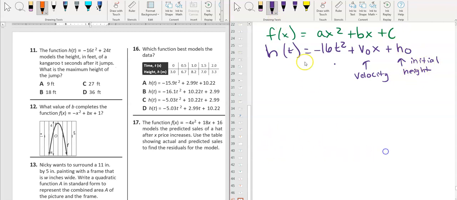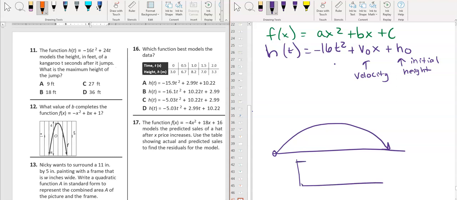So for example, if I am a jaguar and I am jumping, my c, or my initial height, is going to be 0 because I'm standing on the ground. But let's say I'm a diver and I'm diving off a diving board.